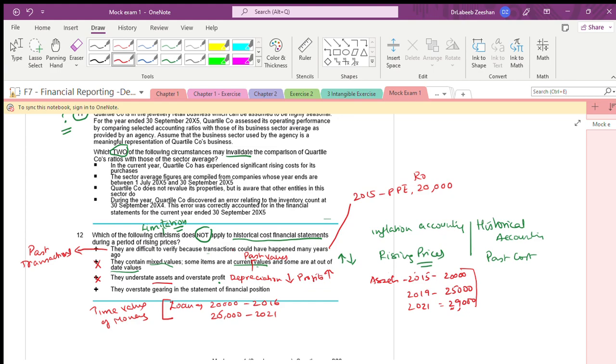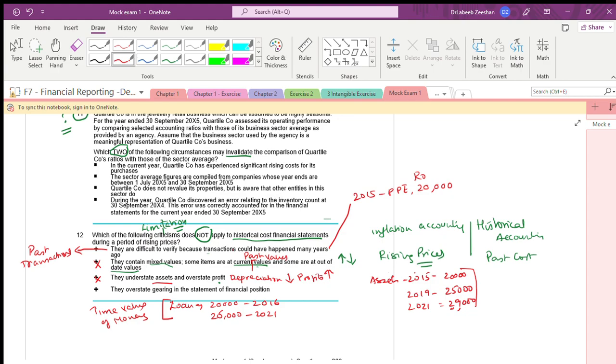The value of the loan will be comparatively high because the time value of money will decrease as per inflation accounting, whereas as per the historical accounting, the value of money will remain the same. If that is the case, the gearing ratio will be overstated. Means you are showing more than its actual amount.